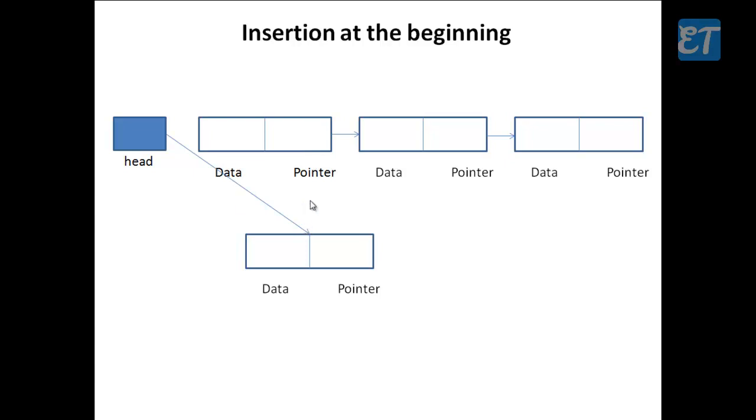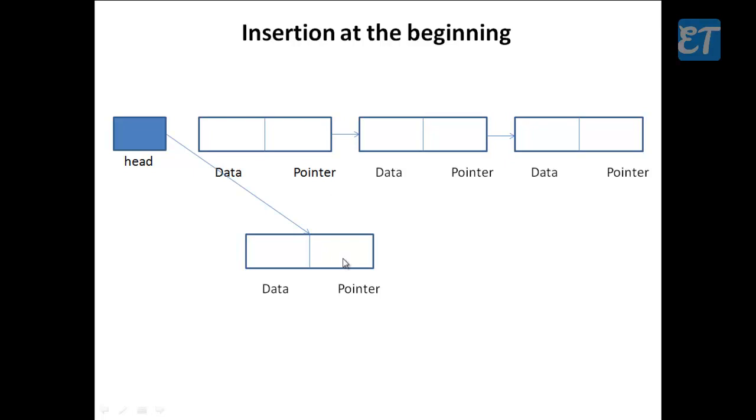We need to insert a new node in between head and the first node. So what is the solution? In order to make these nodes accessible, we need a connection from this new node to node 1.